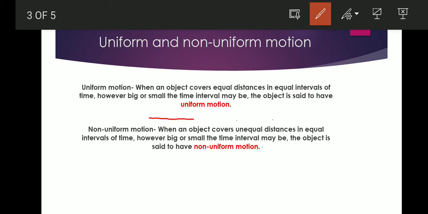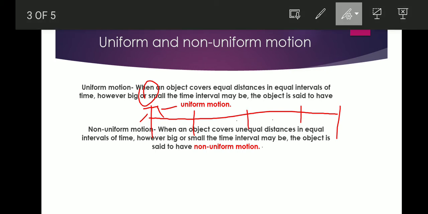Here a boy is riding a motorcycle. So he traveled, these are equal path. Let's say these are equal distance.